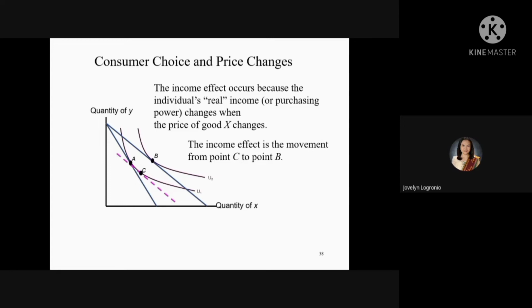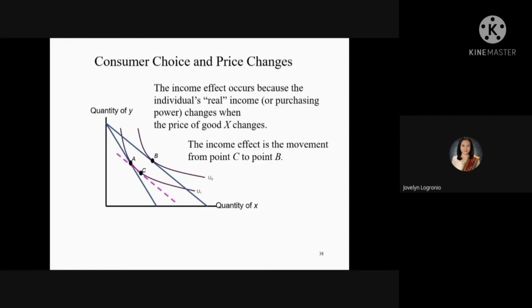And notice also that we have here a broken line, a violet colored broken line. This is illustrated to show that at point C, there is a temporary optimum point, or an imaginary optimum point, as the price of good X falls.